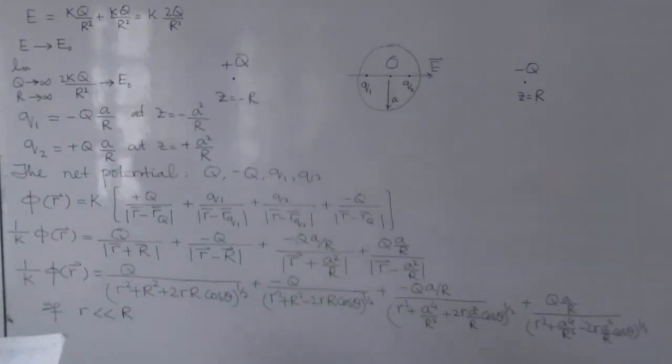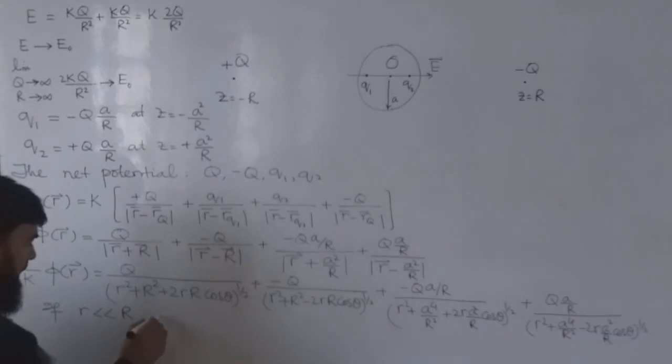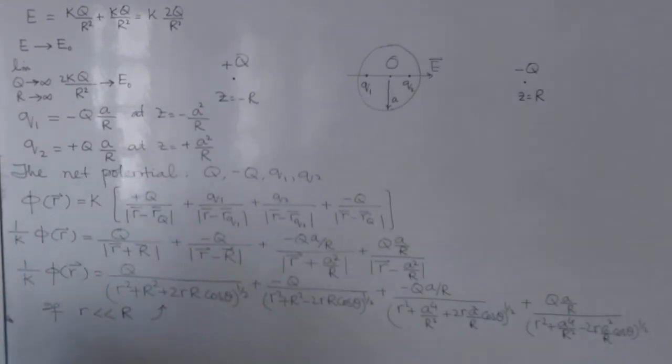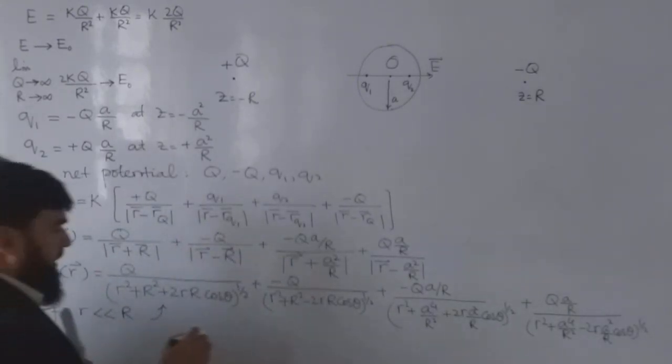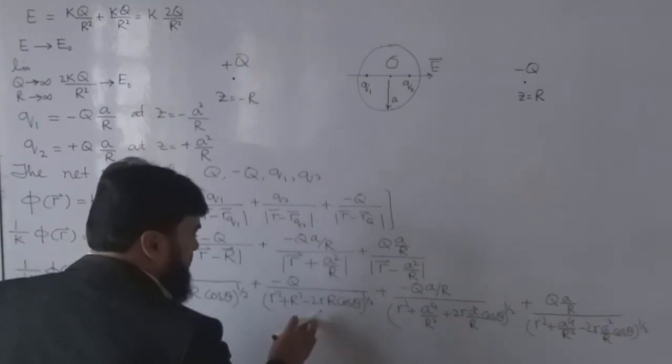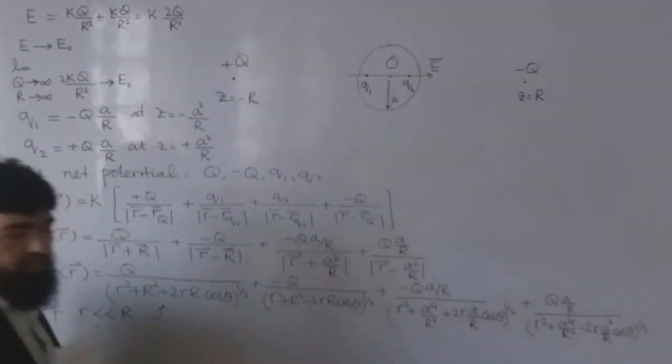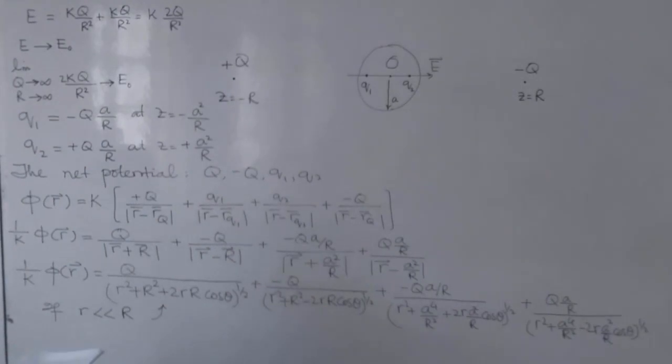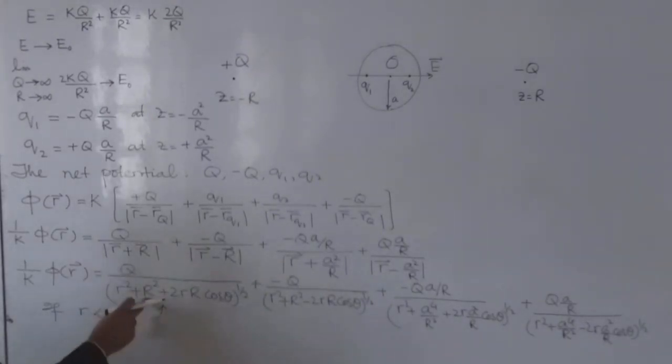So for this situation, we will put this here and expand this one, and similarly we will expand this one as well. Let me take one value of this. Let's take this one first.